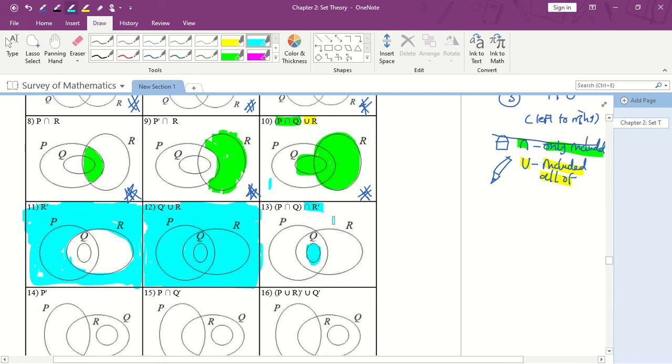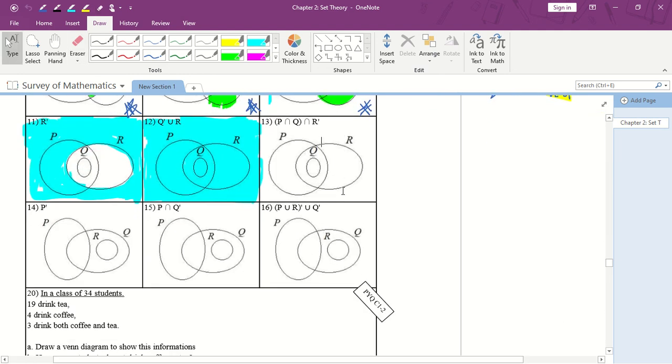R prime is the two places outside of R. And outside of R, you don't have any shadings for you to remain in. And it says R prime, which means that you need to remove the things inside the R. Okay? I hope you understand. So this question basically means you don't need to shade anything. Okay?